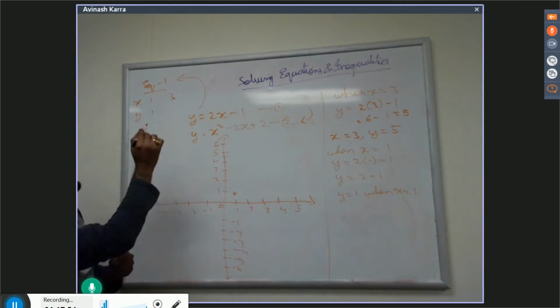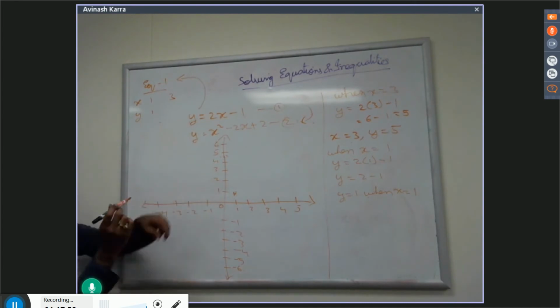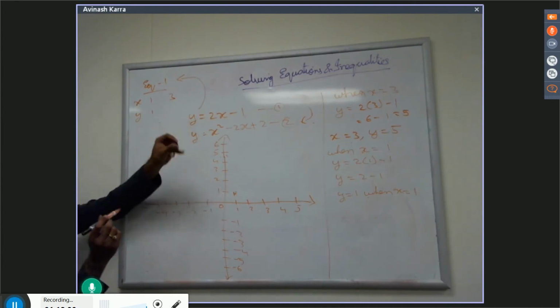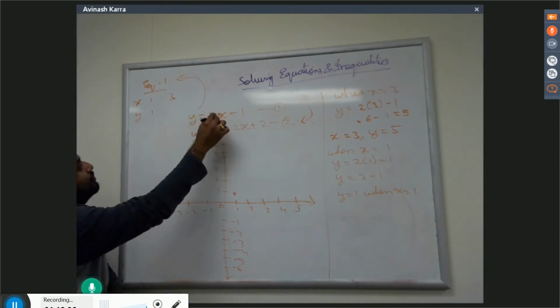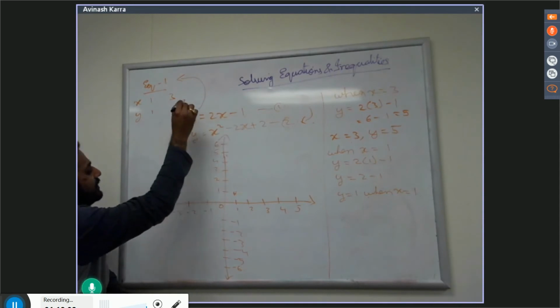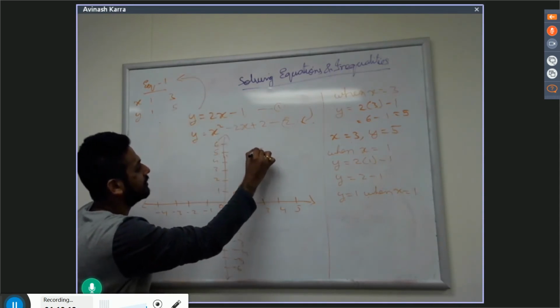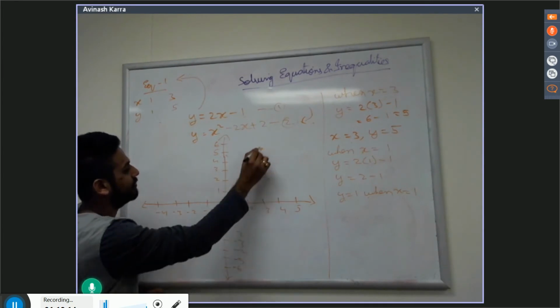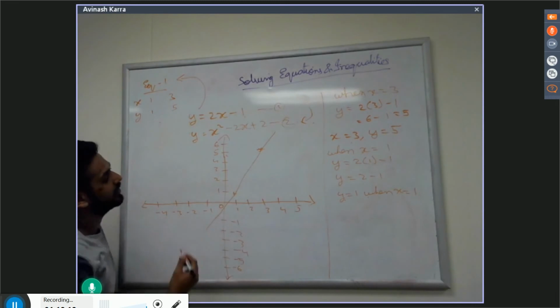So when x equal to 3, what will be the value of y according to equation 1? It would be 5. 2 3s are 6, 6 minus 1, 5. Okay. So 5. Right? So there might be a line going like this.